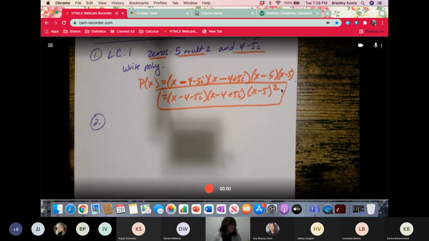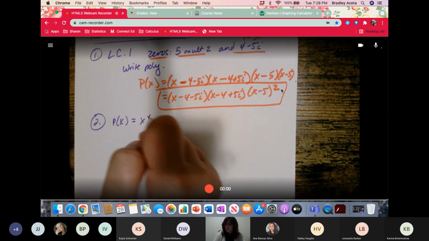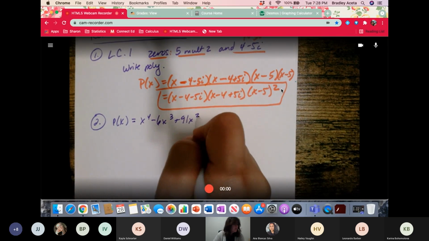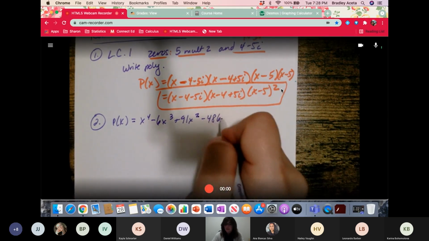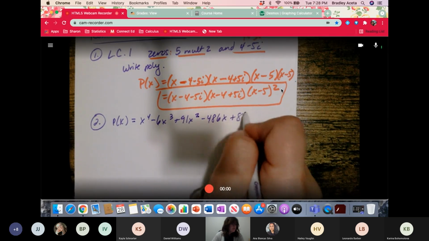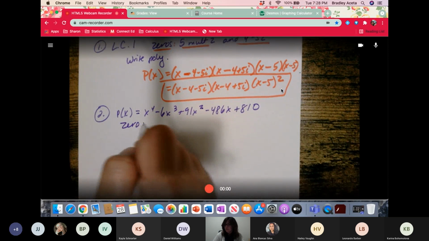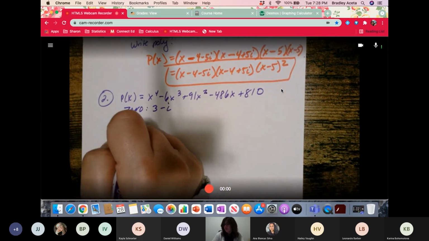Then you're going to have a question where they give you a polynomial, x to the 4th minus 6x cubed plus 91x squared minus 486x plus 810, and they're going to give you a zero, 3 minus i, and they want you to write it in factored form.